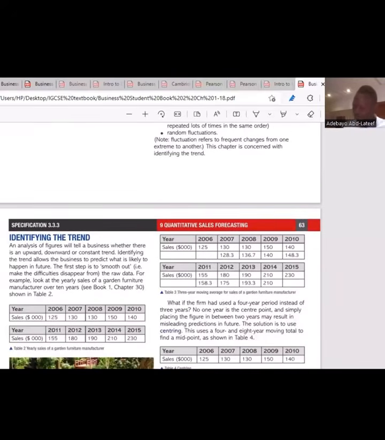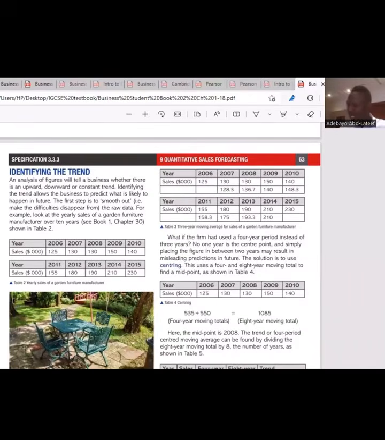So how do we identify the trends now? For the trend, here I said identifying the trend allows the business to predict what is likely to happen in the future. So trend is the result you are able to gather, the statistical information in terms of your sales, the average sales you make.